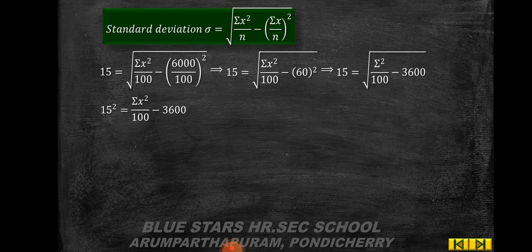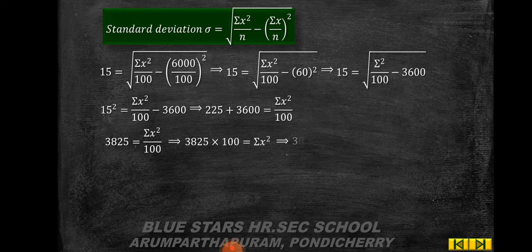So 15 square is equal to summation x square by 100 minus 3600, which implies 225 plus 3600 is equal to summation x square by 100. So you get 3825 is equal to summation x square by 100, which implies summation x square is 3,82,500.